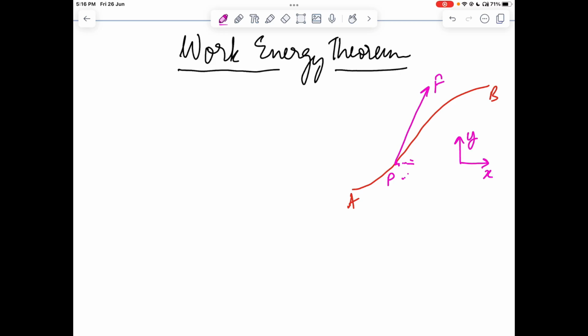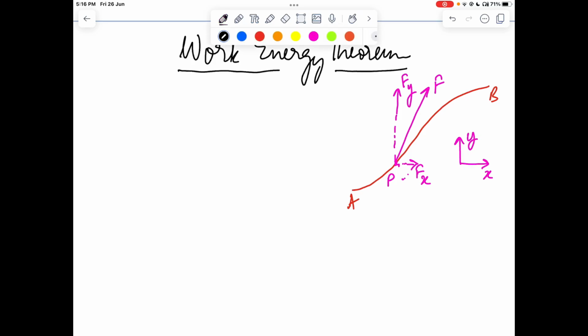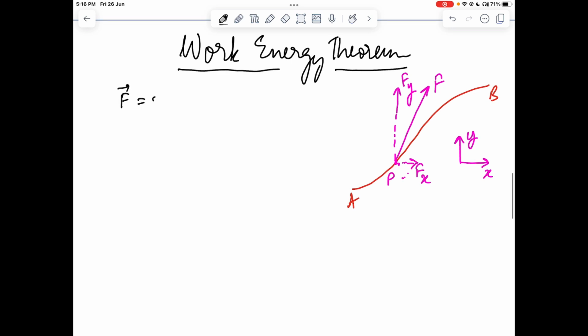So we have Fx in the x direction, Fy in the y direction. Now we know from Newton's second law that F vector is equal to ma vector. Now we can write that in the x and y directions. So we have Fx is equal to max, and of course we drop the vector. We have similarly Fy is equal to may.